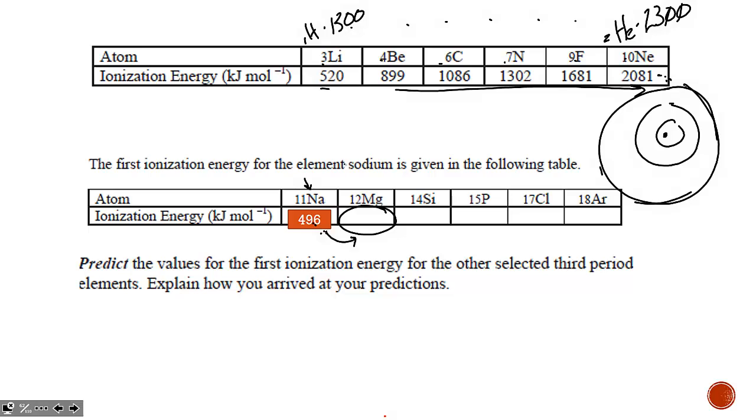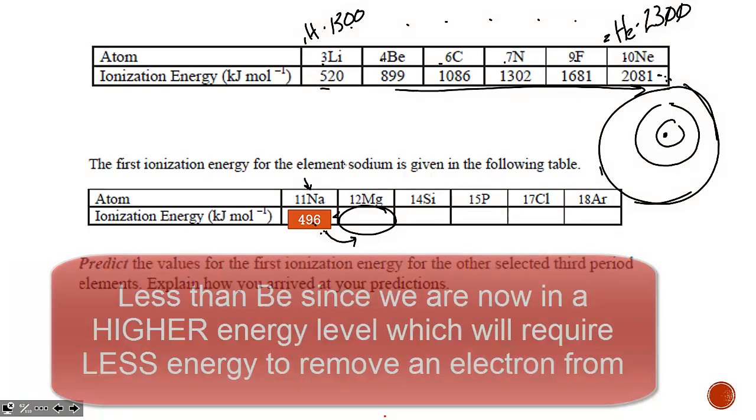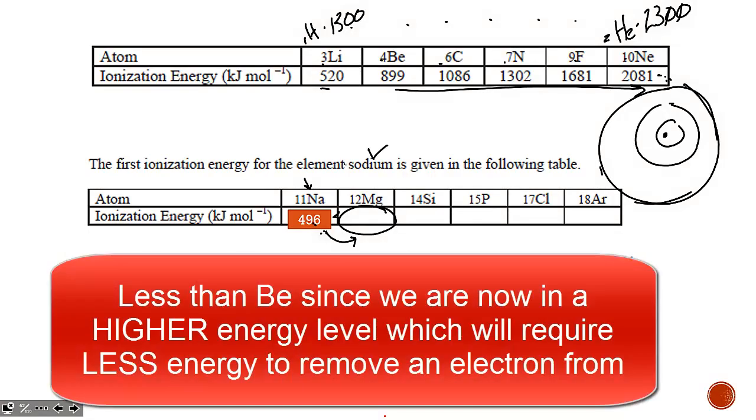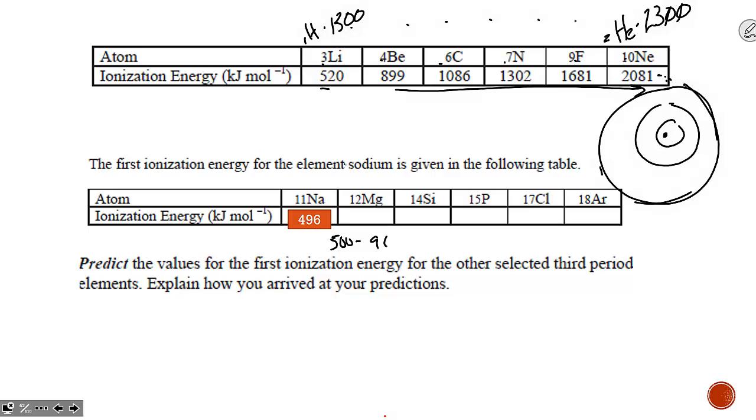Magnesium's first ionization energy has to be more than sodium, but less than beryllium. So beryllium's like 900, so we need something between 500 and 900, right? 500 for sodium, 900 for beryllium.